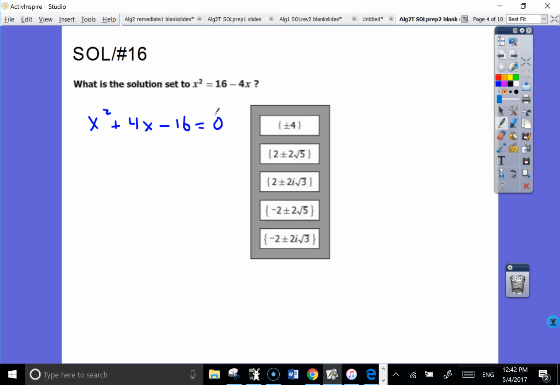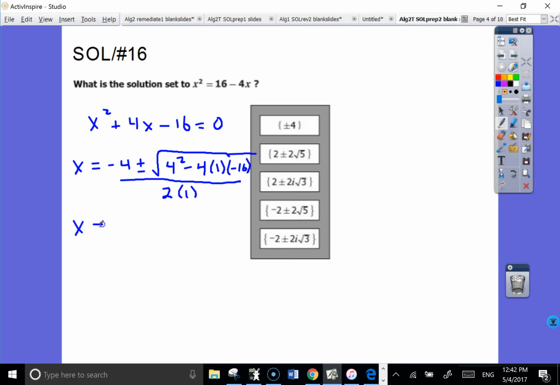So if I was going to use quadratic formula, I would have to say x equals negative 4 plus or minus the square root of 4 squared minus 4 times 1 times negative 16, all over 2 times 1.